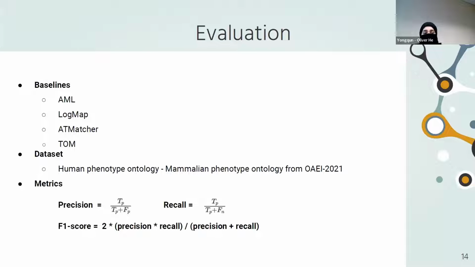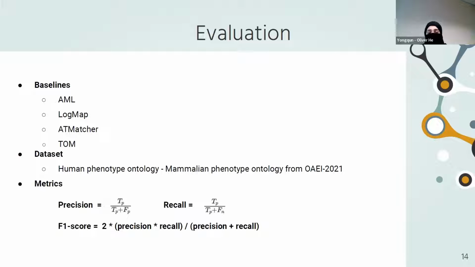For evaluation, we didn't evaluate this extensively in ontologies because most of the ontologies that we have didn't have much disjointness that can be found by the matching that we have.